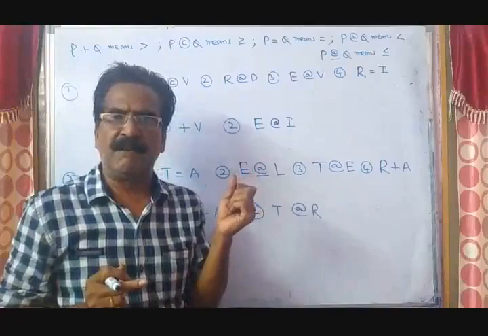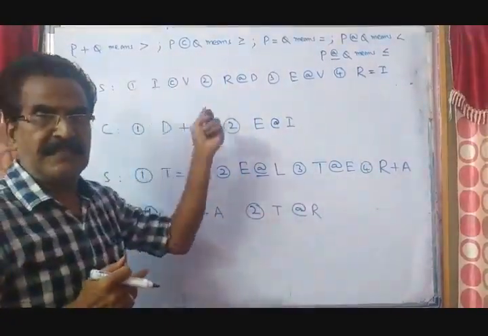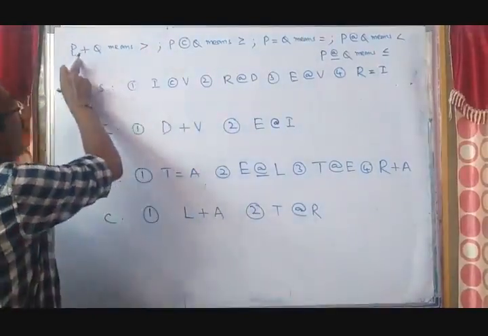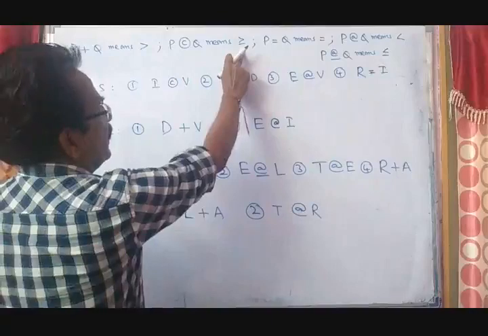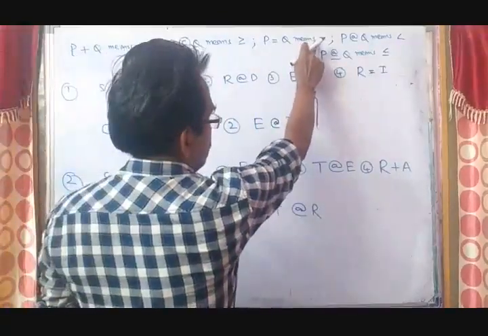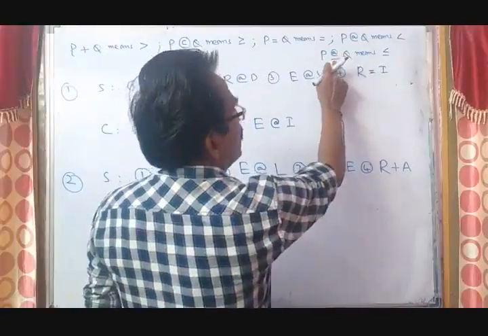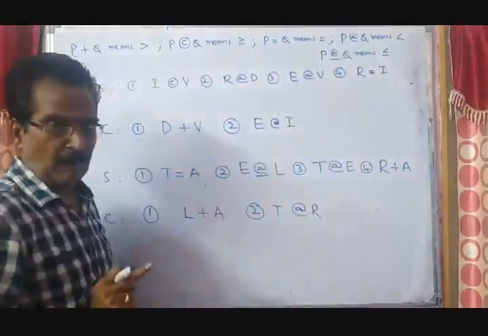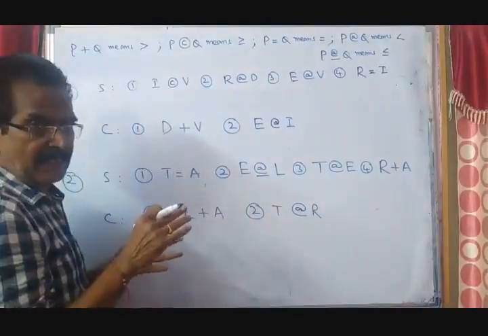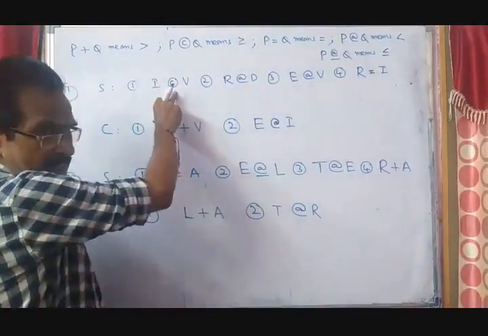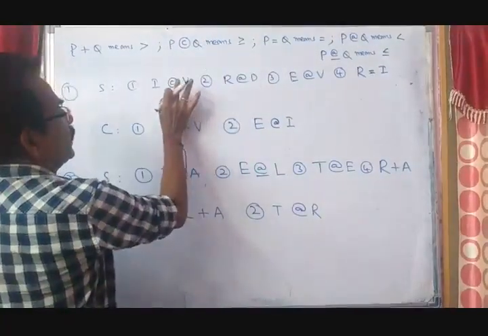These are coded inequalities, so we have to change them into our inequalities. Here plus means greater than, the copyright symbol means greater than or equal to, equal to means equal to, at the rate means less than, and underscore at the rate means less than or equal to. So now let us change these symbol notations. Copyright symbol means greater than or equal to.